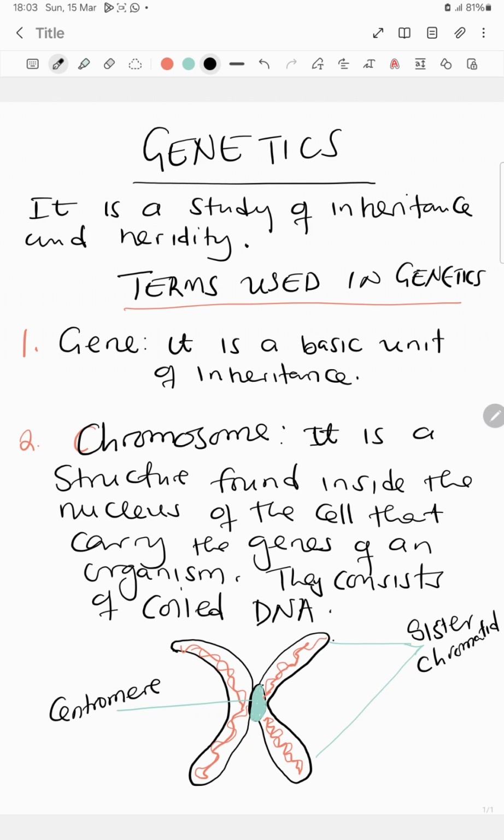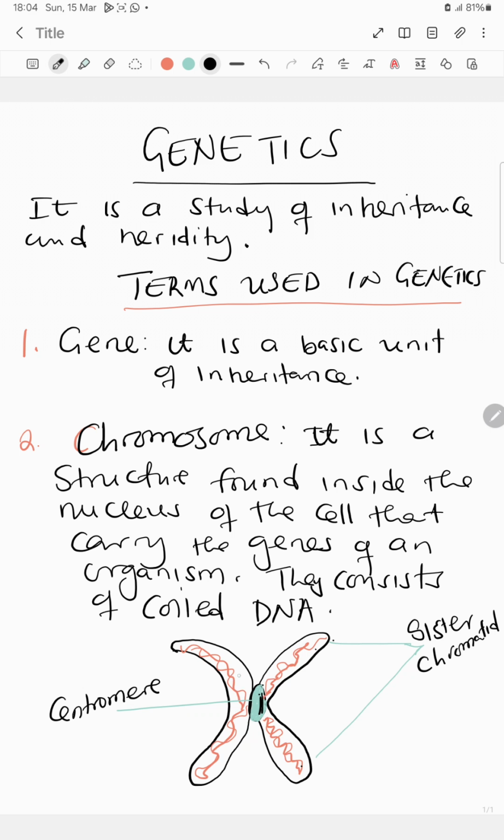Okay, so as we can see here, this one and this one are called the sister chromatids. Then this part here is called the centromere. It's the one that is holding the sister chromatids together.